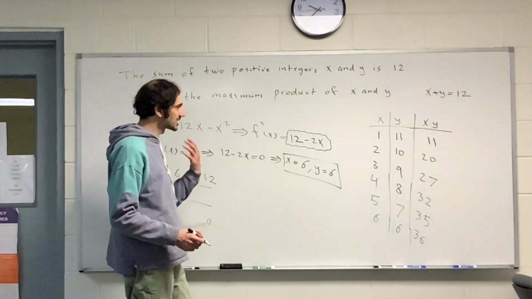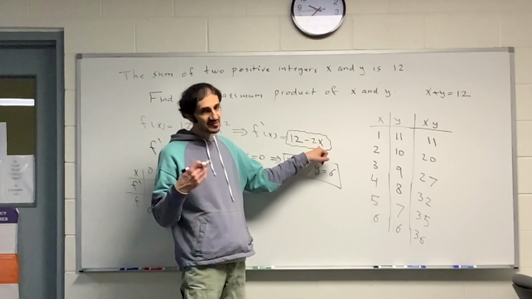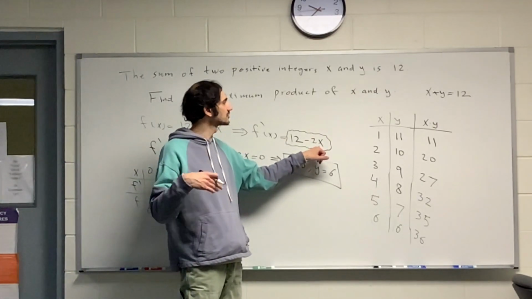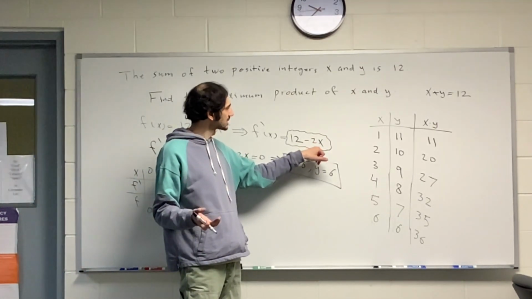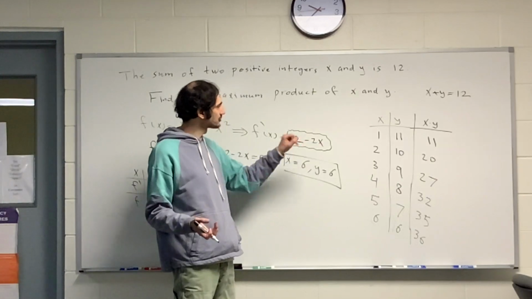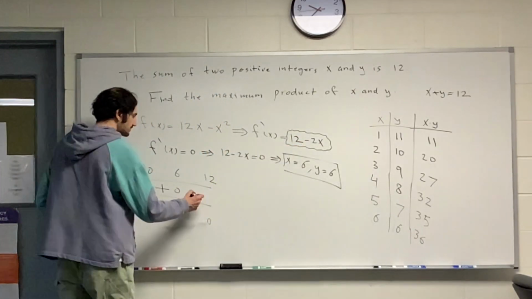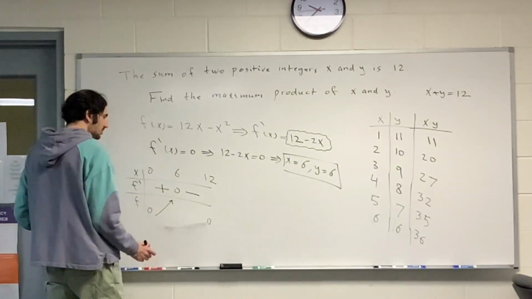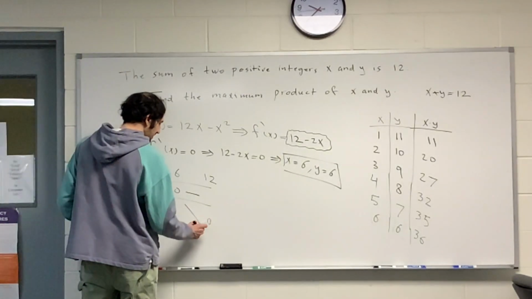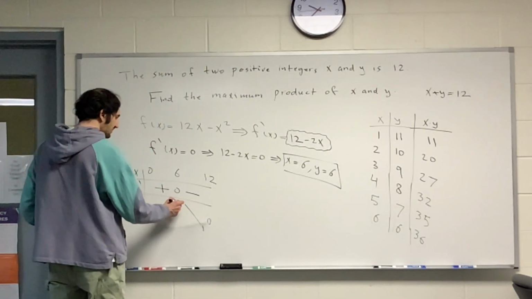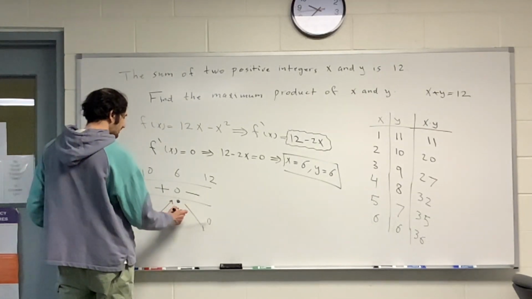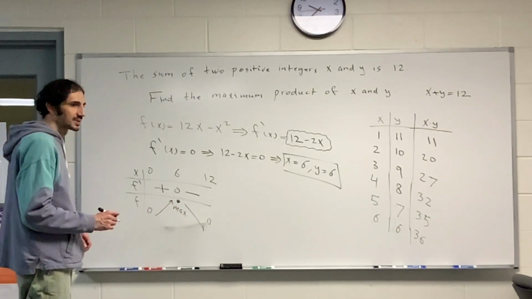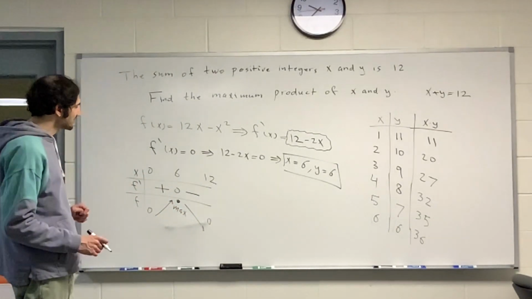And when I have x bigger than 6, something like 7, or 8, or 9, or 10, I'm going to have, for 10, 12 minus 20, which is a negative number. This means my function is increasing up to this point, and then it's decreasing after this, which means at this point I'm going to have a maximum.